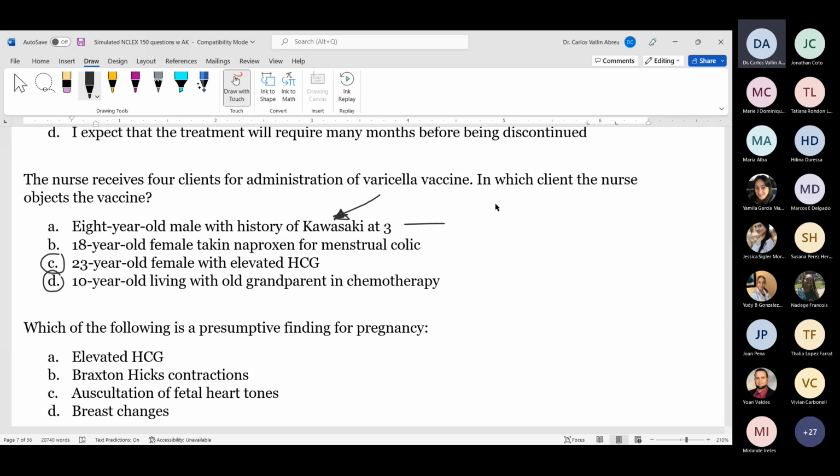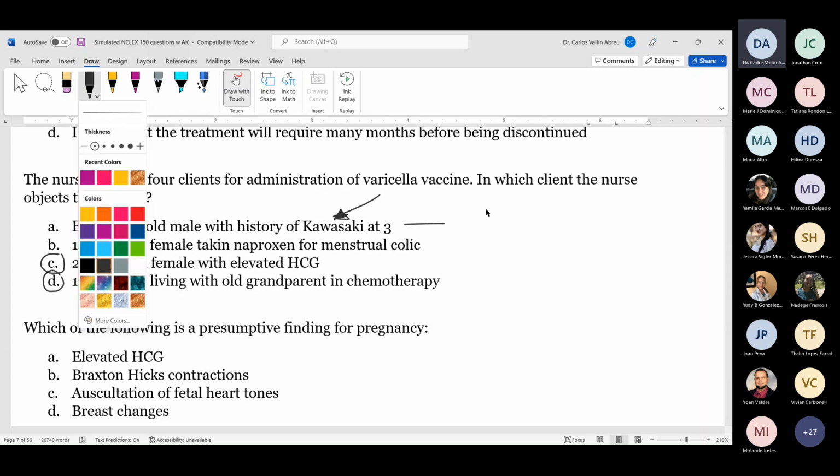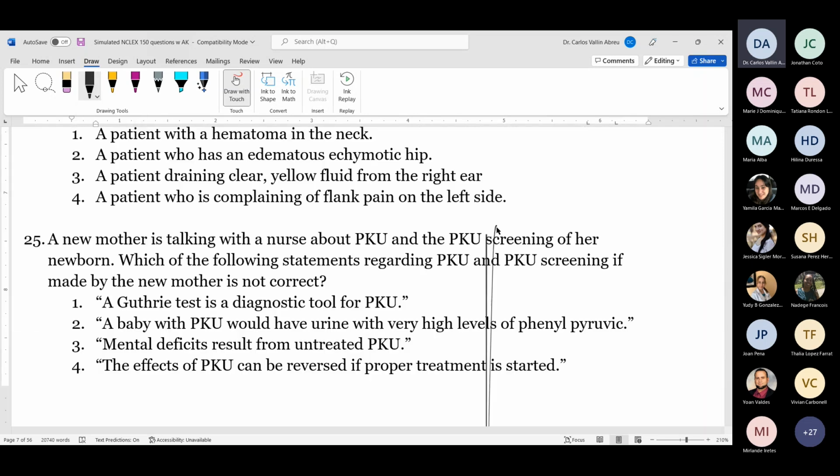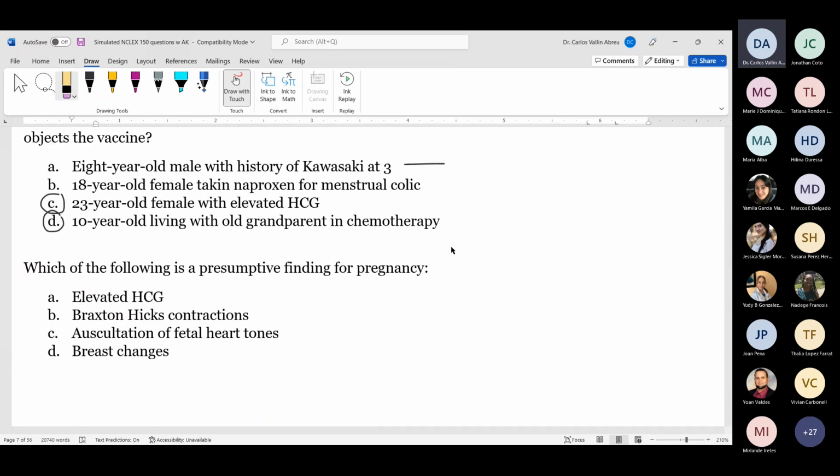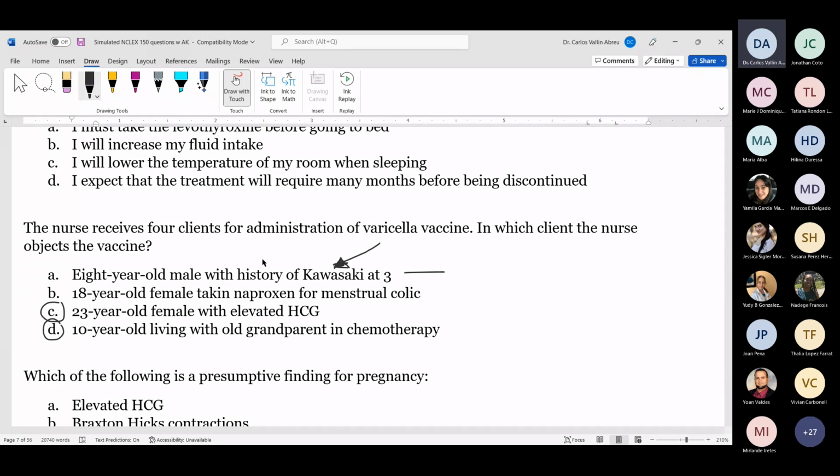What is interesting is that a child that is taking aspirin, 5 years ago when the child was 3, can't be vaccinated with either the flu vaccine or the varicella vaccine.